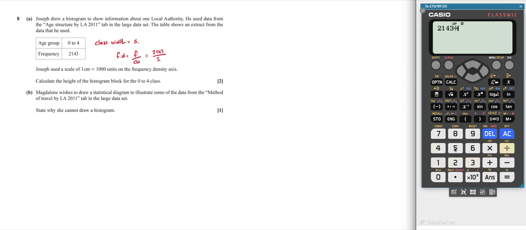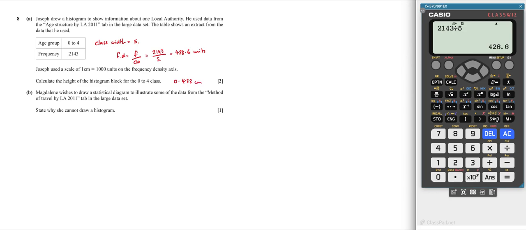My frequency density is 428.6 units. So 1 centimetre is 1,000 units. So my height is therefore 0.428 centimetres.